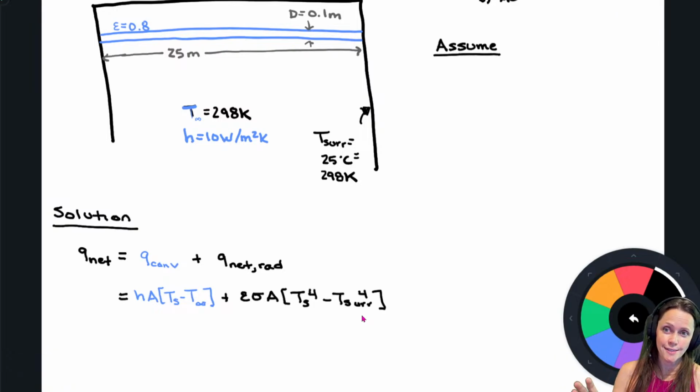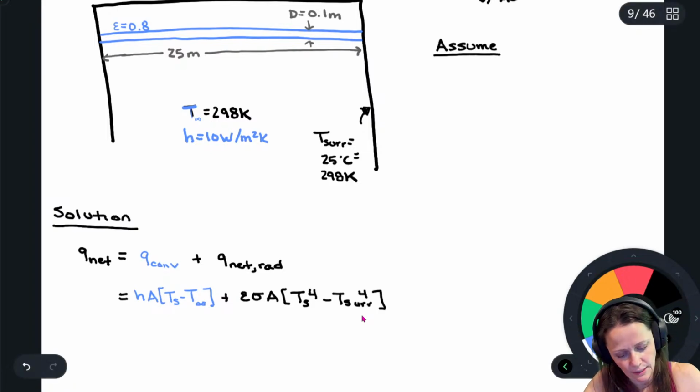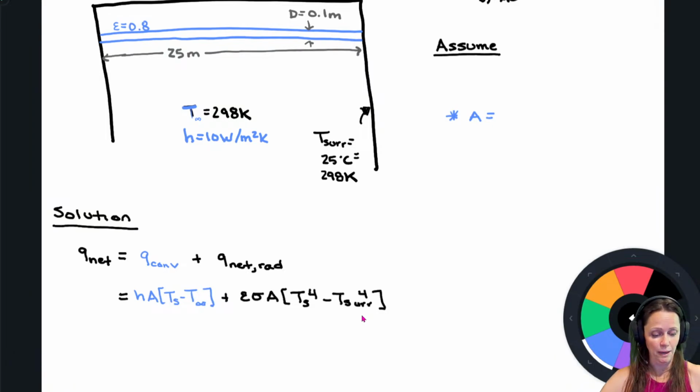The area is the surface area of that pipe, right? So surface area of the pipe, and let's go ahead and write that. I'll put a star over here.